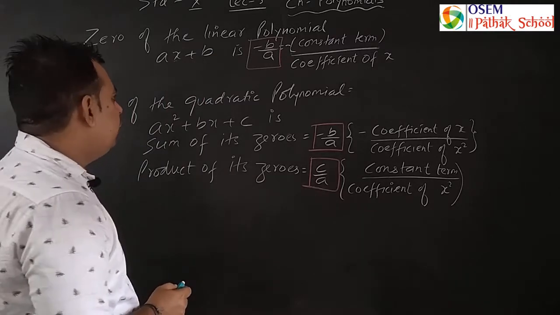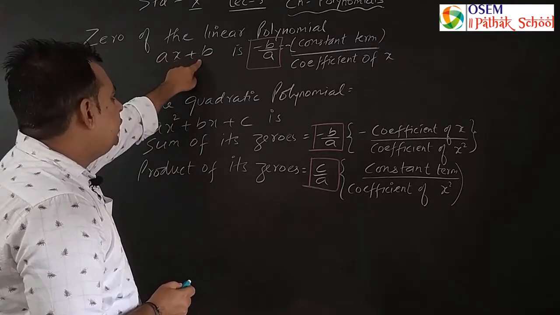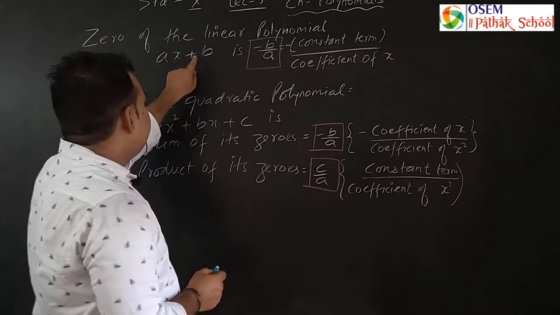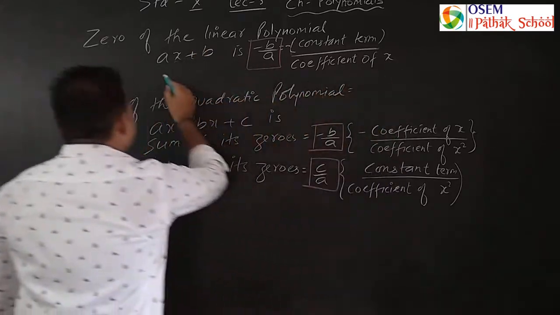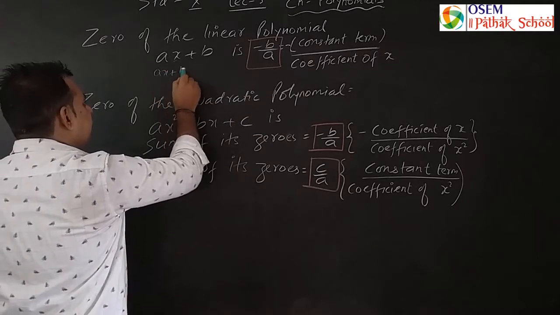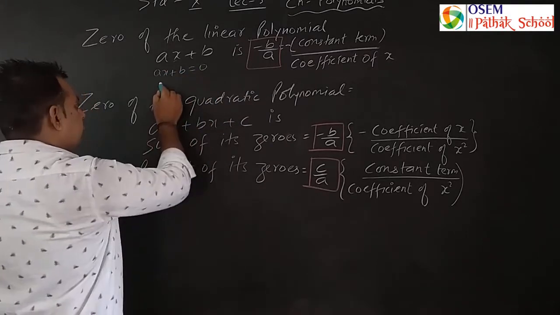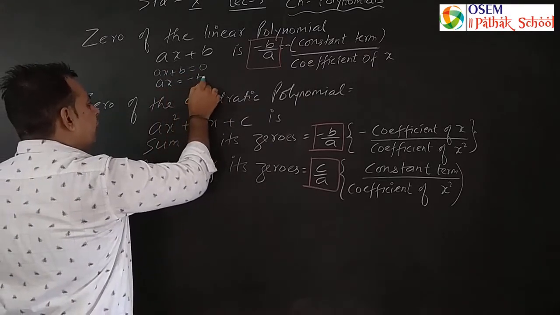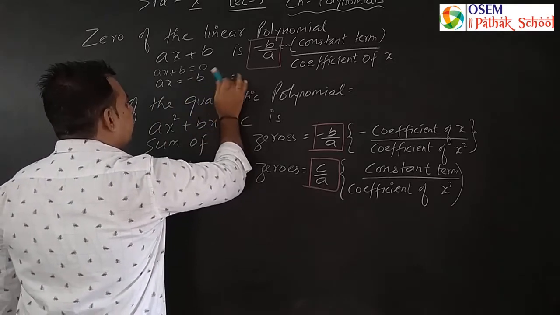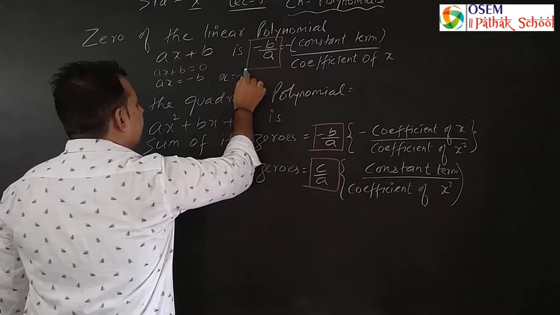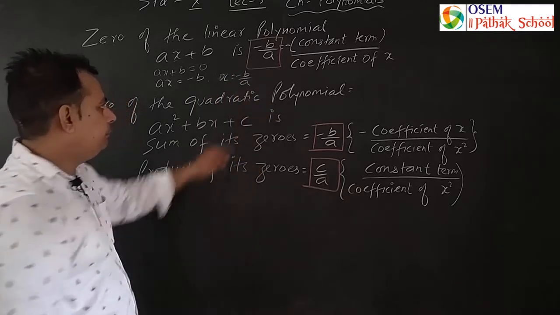So it can be written as ax plus b. If b goes to the right hand side, at ax plus b equals to 0, then ax equals to minus b. Therefore x will be minus b by a.